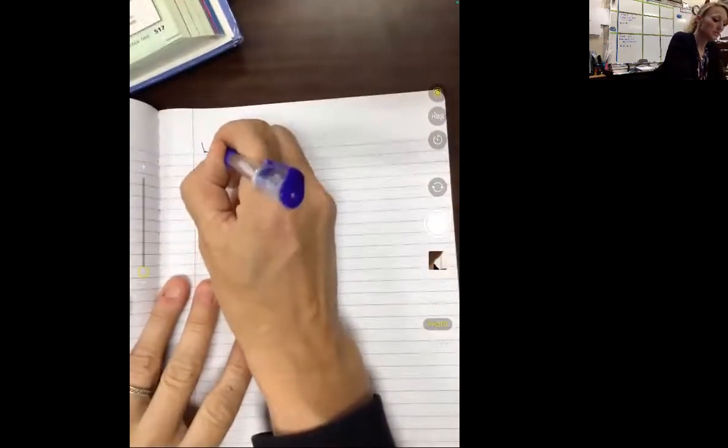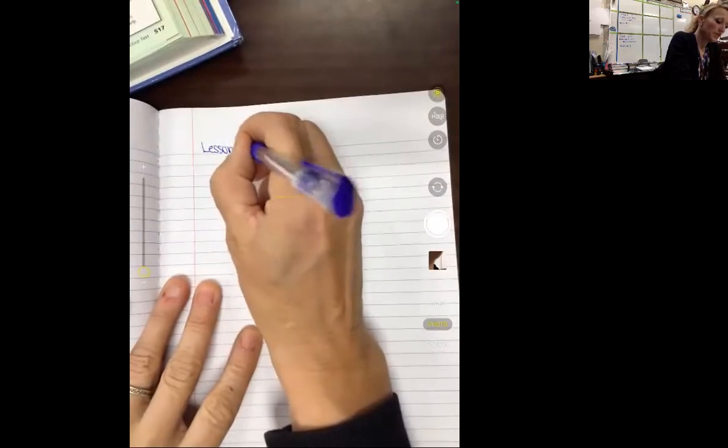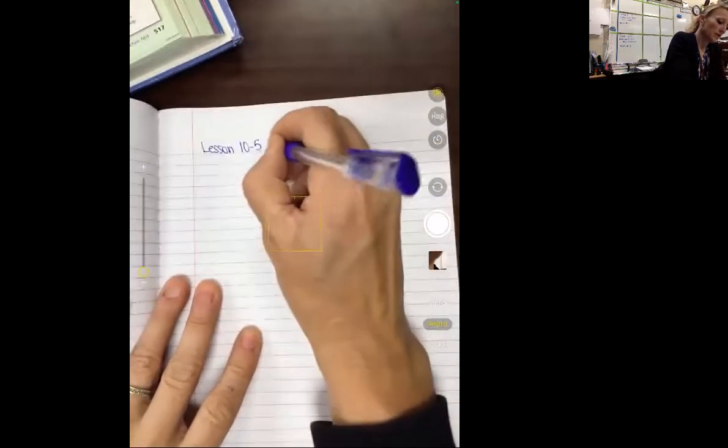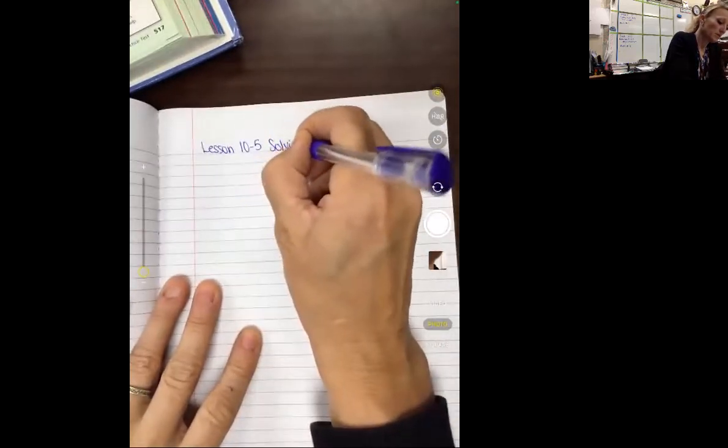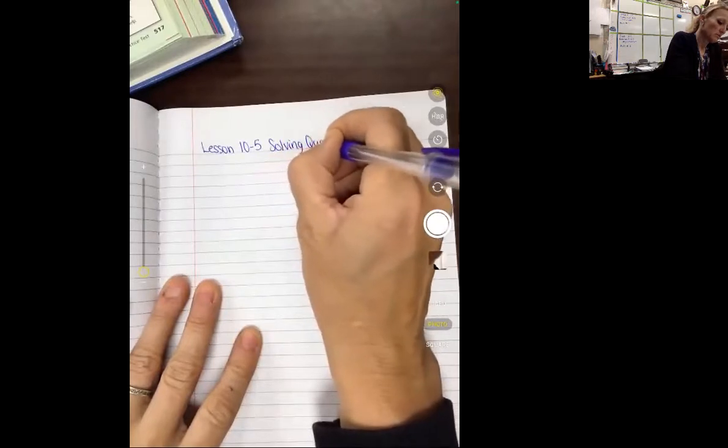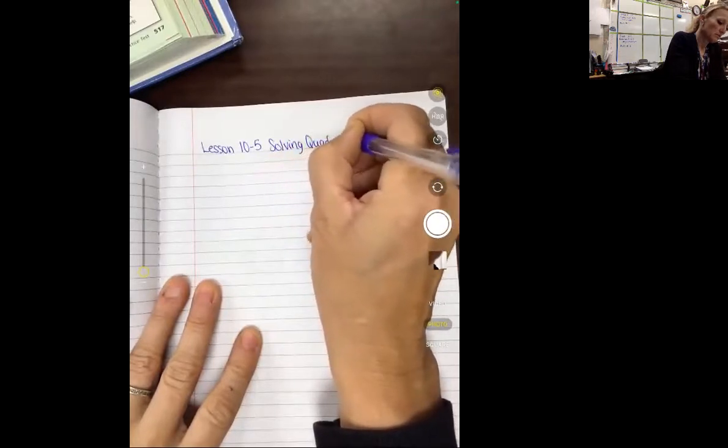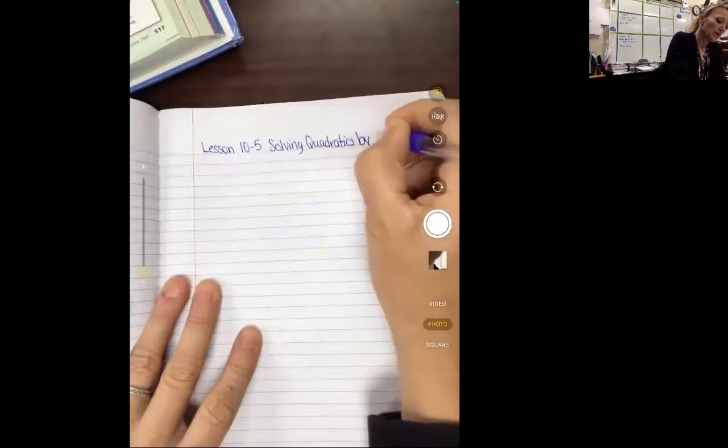Okay, so this is lesson 10-5, and it is solving quadratics by completing the square.